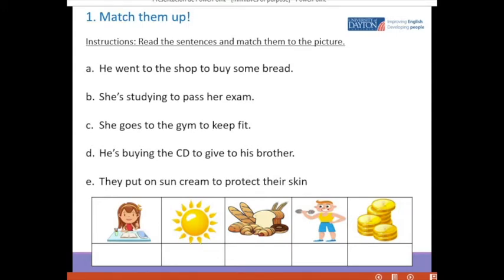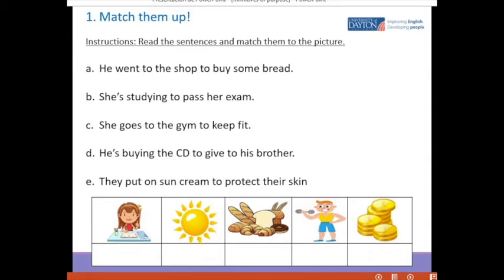So, what do you think will be letter A? Letter A is he went to the shop to buy some bread. What letter do you think this is? Write it down, write it on a paper. Do you have a paper? Otherwise, ask your mom and dad, your brother, your sister to give you a piece of paper and a pencil, a pen. So what is letter A?